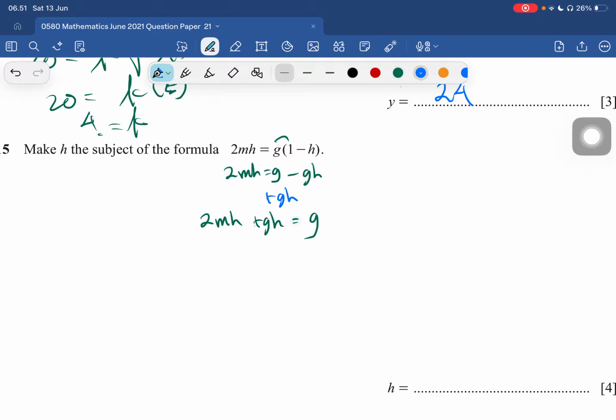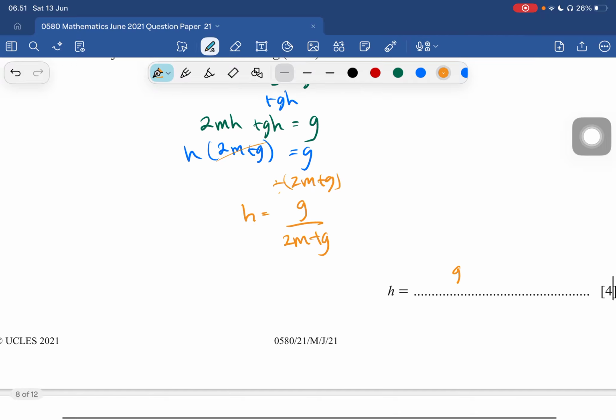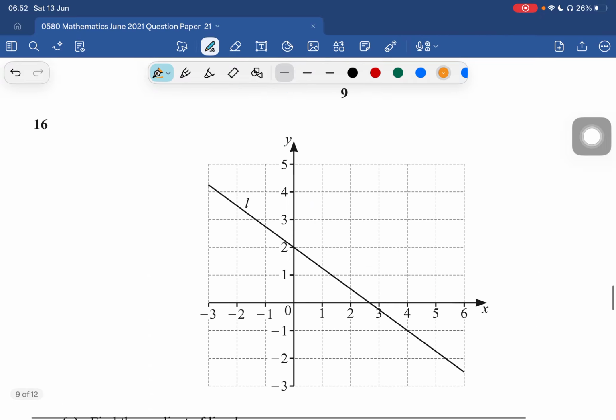Then let's factorize, take out h. So h times 2m plus g equals g. We divide both sides by 2m plus g, and it cancels. So h equals g divided by 2m plus g.